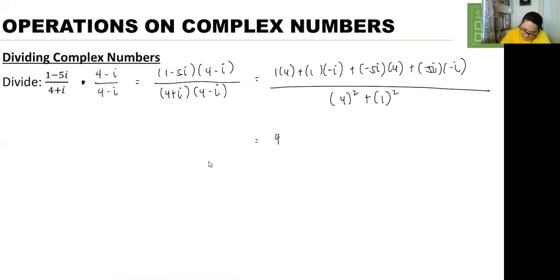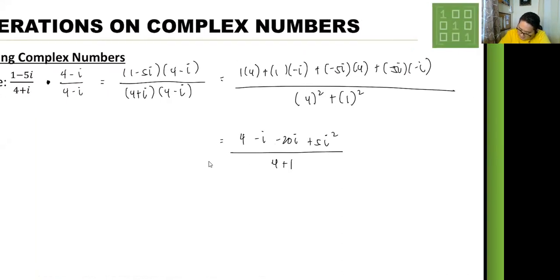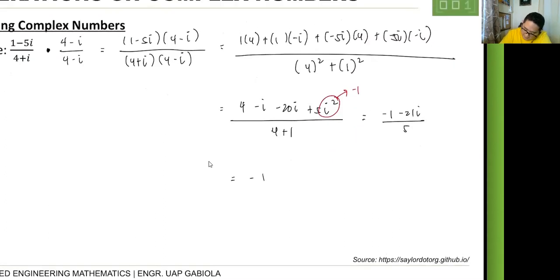So negative i and then we have minus 20i plus 5i squared all over 4 plus 1. Simplify natin. Ito, change ko na siya sa negative 1. So that will be negative 5. Okay? Plus 4. So negative 1 minus 21i all over 5. So simplify lang natin. Negative 1 over 5 minus 21 over 5i.